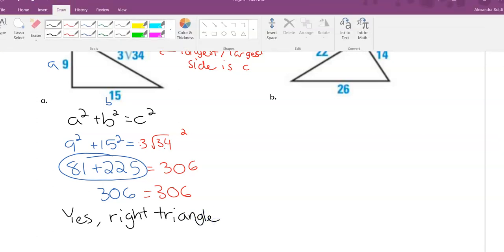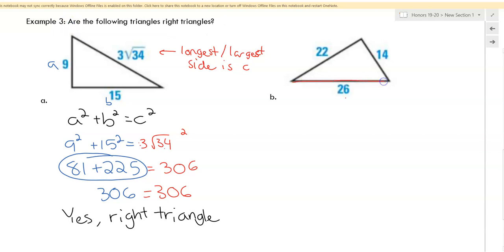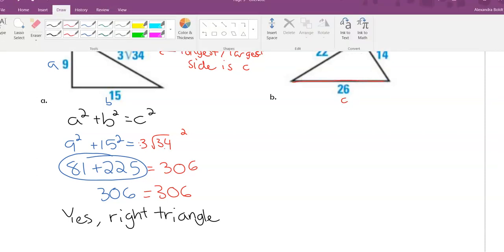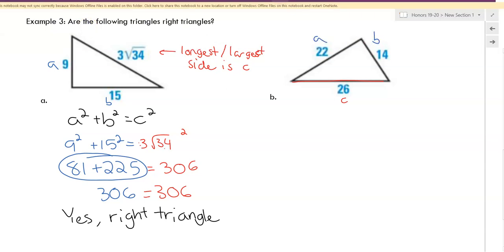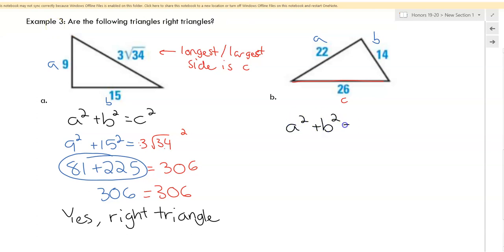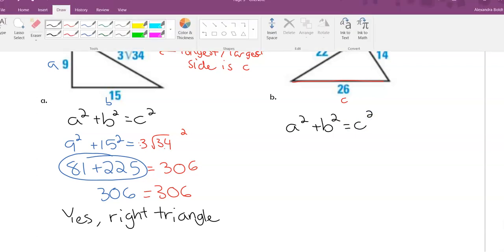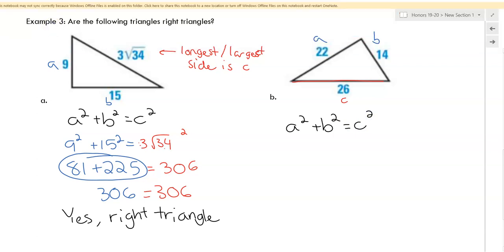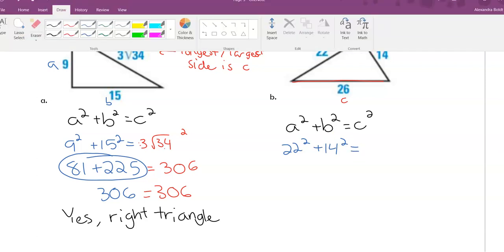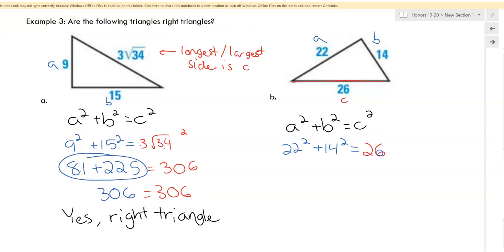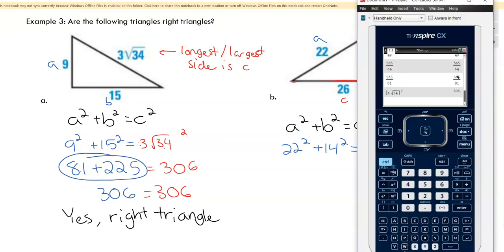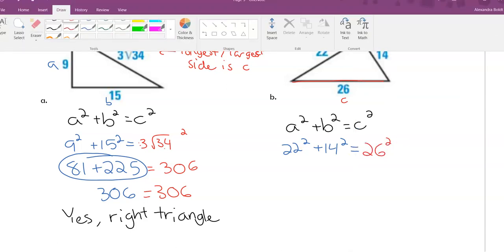Our last example here, again, same thing. Our longest side here is c, meaning this is a and b. So when I do a squared plus b squared equals c squared, I have 22 squared plus 14 squared equals 26 squared. 22 squared is 484.